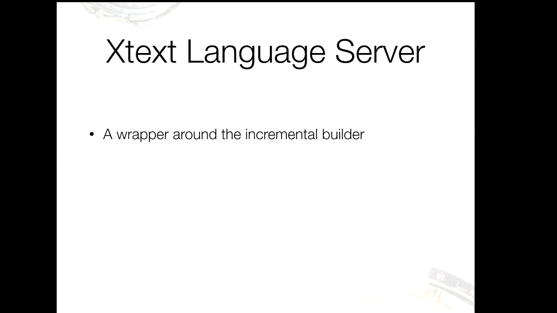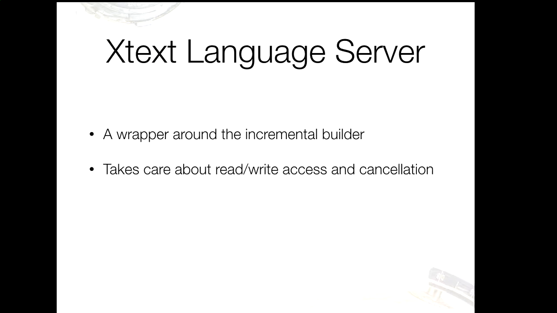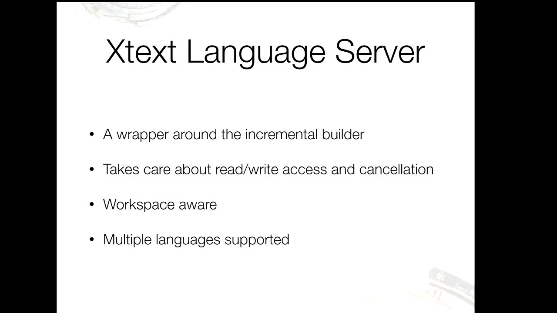It's really abstracted over it. Then it also takes care of read and write requests and how they should be canceled. So as a language implementer, you will actually be focused on workspace modeling. There is an API to define what a project is and what kind of dependencies exist between them. And what do you usually do? You just implement languages, and you can have multiple languages.